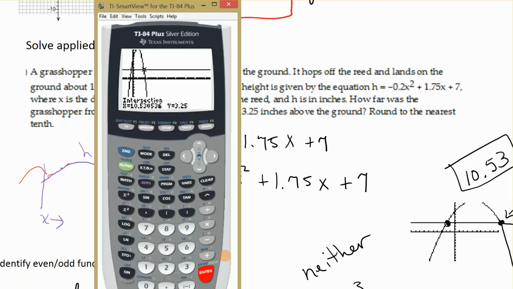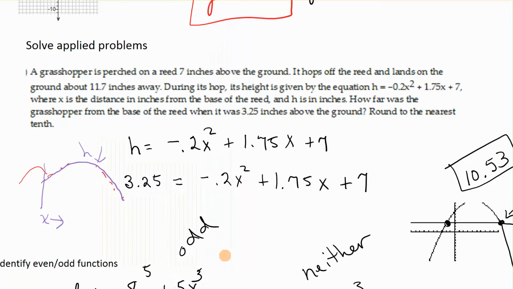It will tell you to round to the tenth or the hundredth, so watch that rounding. This one says to the tenth. If you put the right numbers but rounded to the hundredth instead of the tenth, you'd be wrong. So here, I need to have that be 10.5. That would be my answer. All right? So that should get that one.